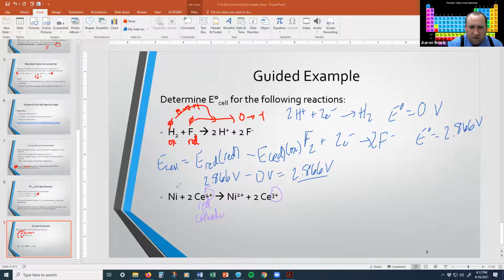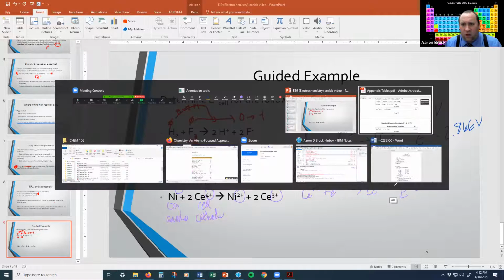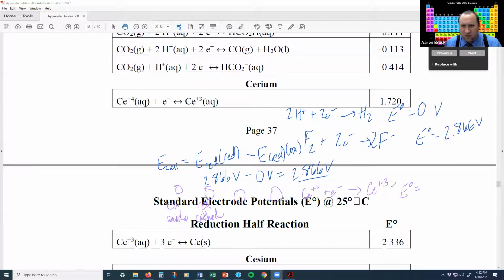Nickel has gone from a 0 state to a +2 state, so it has been oxidized, which means that this is the anode. As we saw on the previous slide, cerium-4 with an electron going to cerium-3 has a value of 1.72.